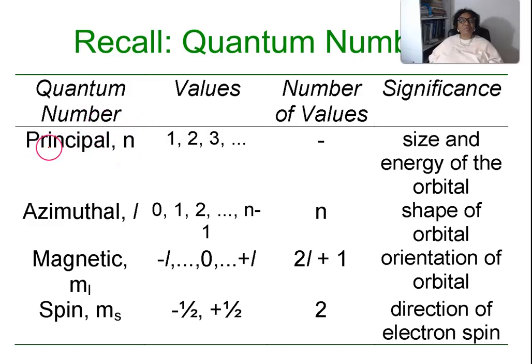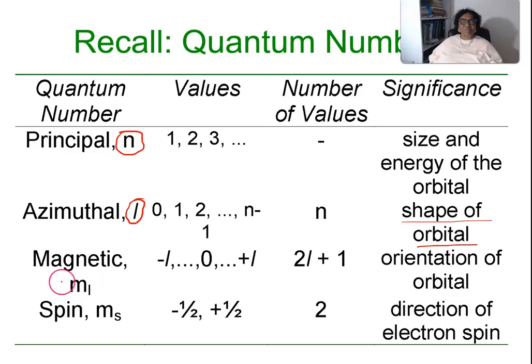The principal quantum number, n, can have values of 1, 2, 3, and it determines the size and energy of the orbitals. The azimuthal quantum number, L, can have values from 0, 1, 2 to n minus 1. It determines the shape of the orbitals.